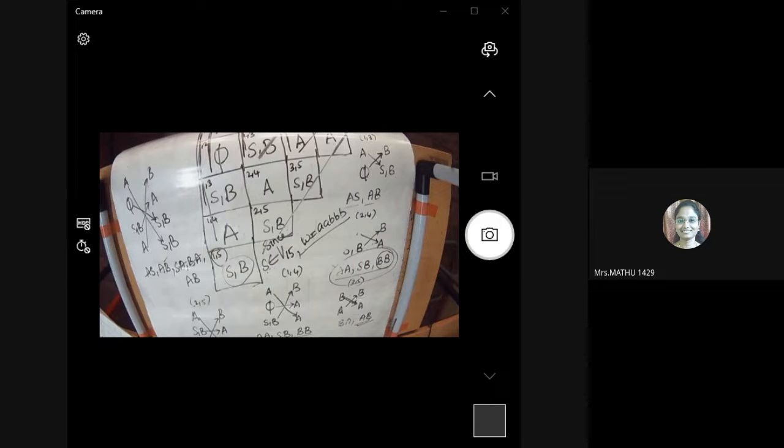We have portions starting from regular grammar.